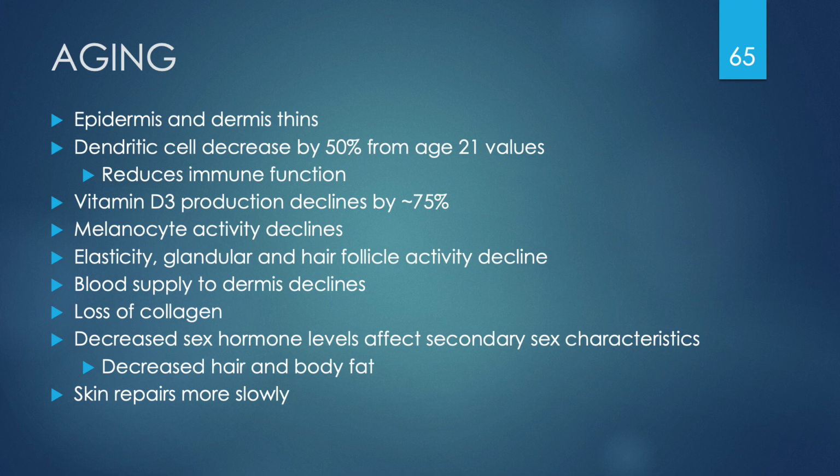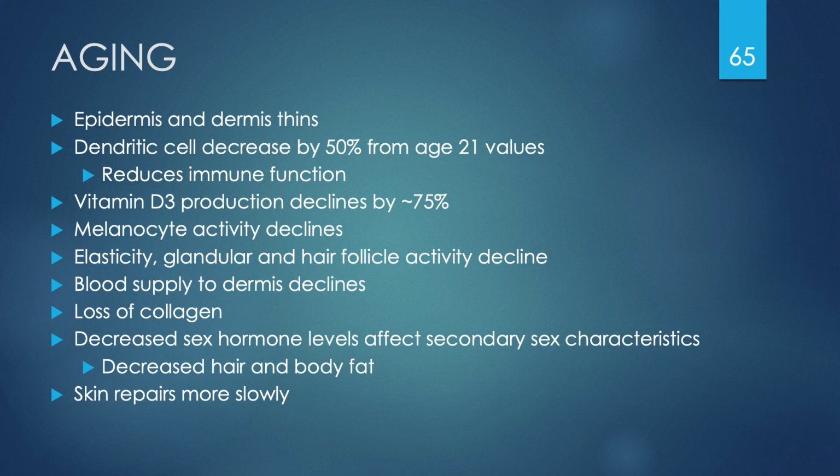We also have dendritic cells decrease by 50% from what the values were when we were at age 21. So when those decrease, that's going to reduce our ability to respond via our immune system to foreign invasion of microorganisms as well as to skin cancers. We also decrease our vitamin D3 production by about 75%.